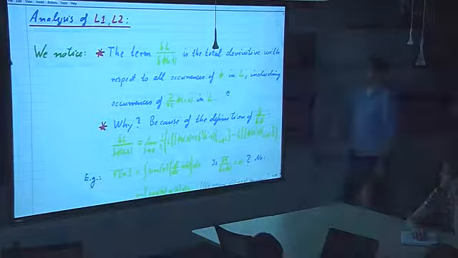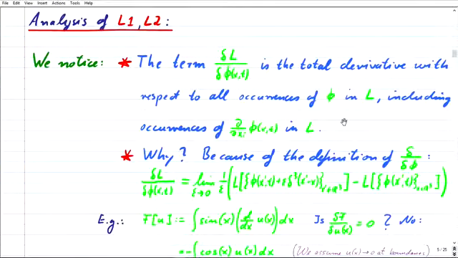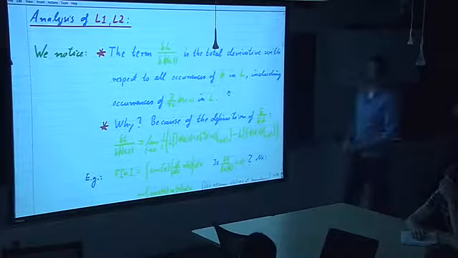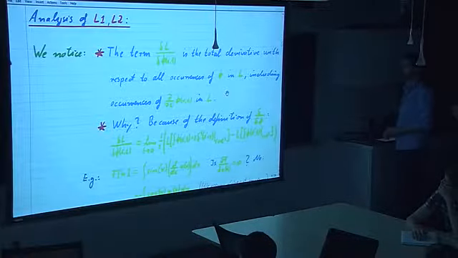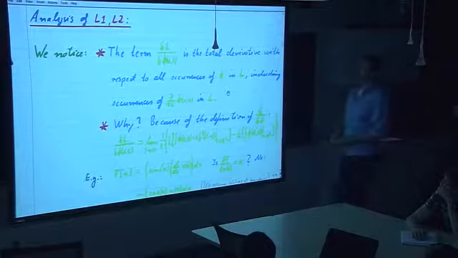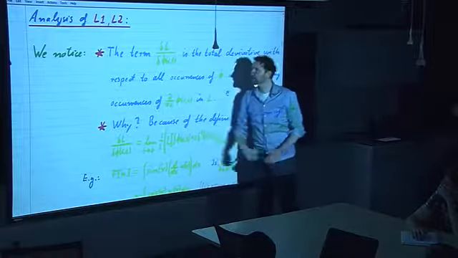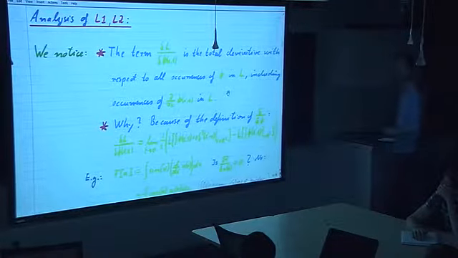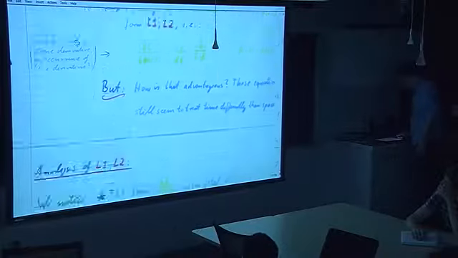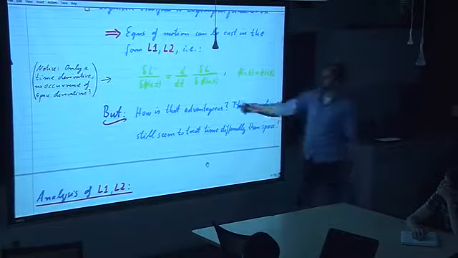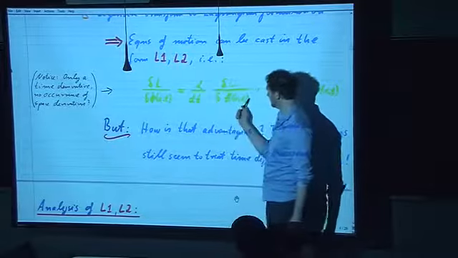So when we differentiate dl by d phi in the equations of motion, in the second order Lagrange equation, then this is a total derivative with respect to all occurrences of phi. Remember the second order Lagrange equation? Here it is. dl by d phi is this.